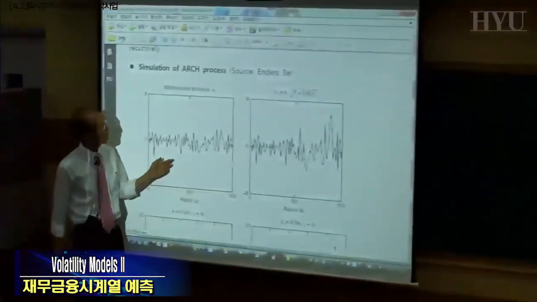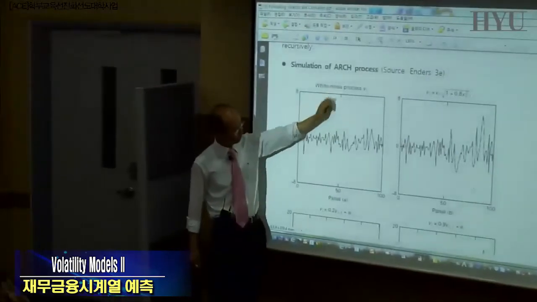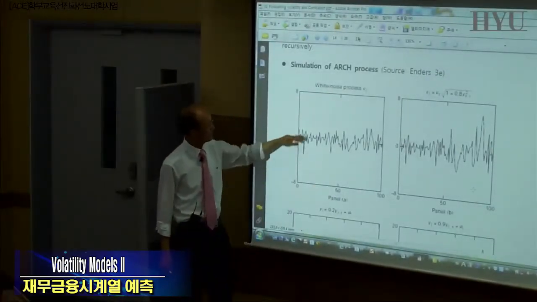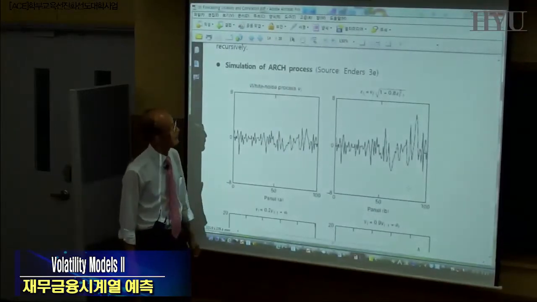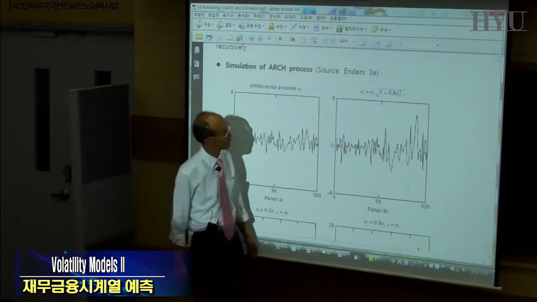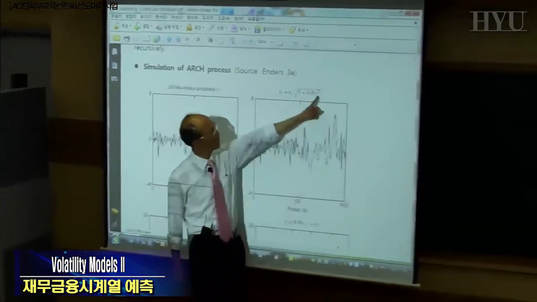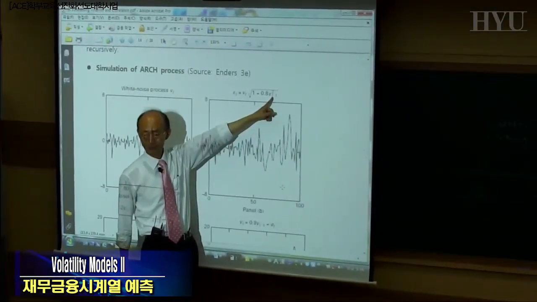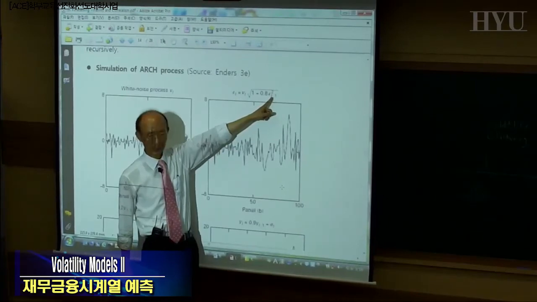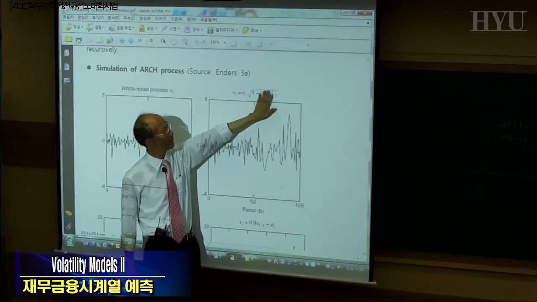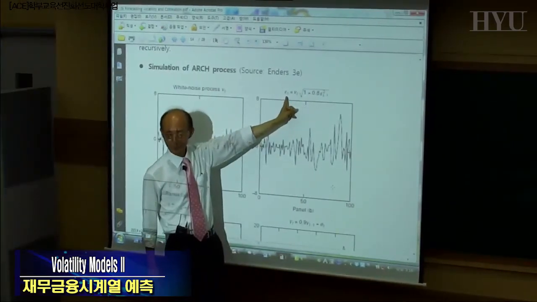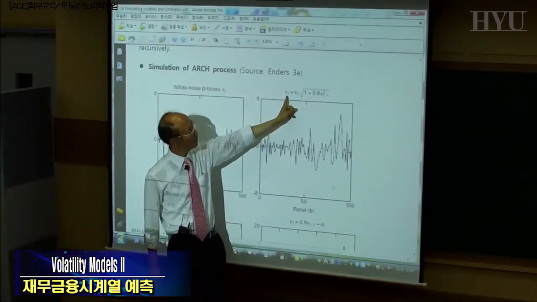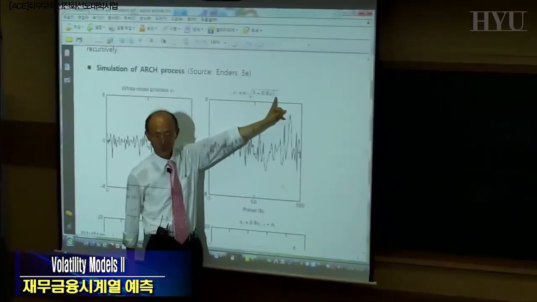Here is a white noise process, the typical, let's say, standard normal variable. Okay. And then you start from, let's say, 0. Epsilon t minus 1 is 0. Okay. Then 0. And then that one is epsilon t, right? The next period enters here, right?